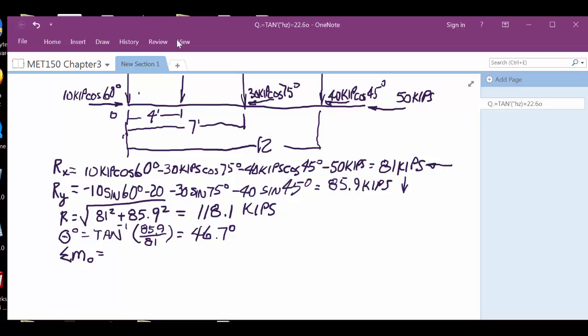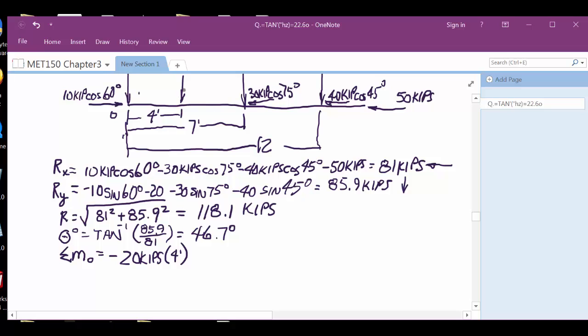Okay? So we'll do 20 kips times 4 feet, right? When I say right and hesitate, that's your clue. Negative. Correct? It's going clockwise.